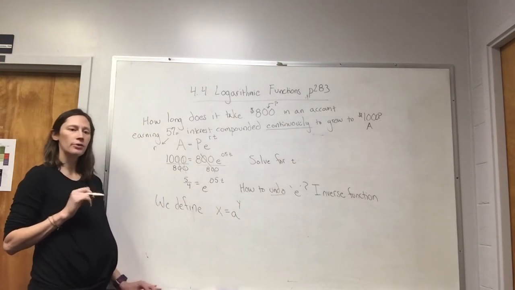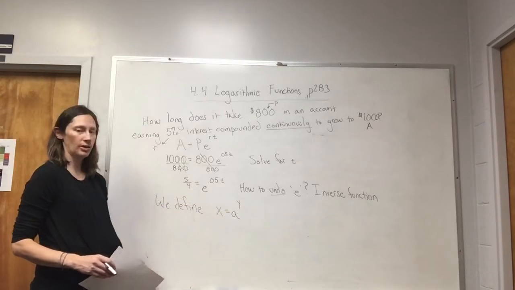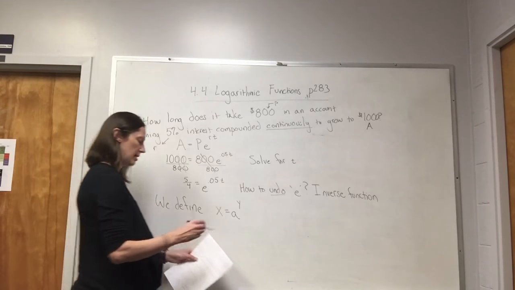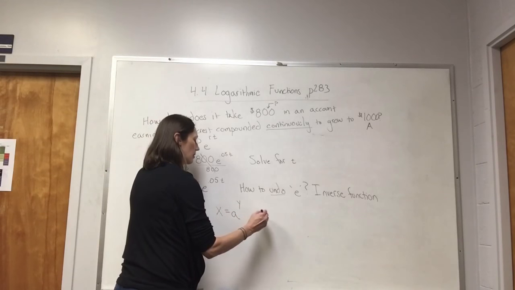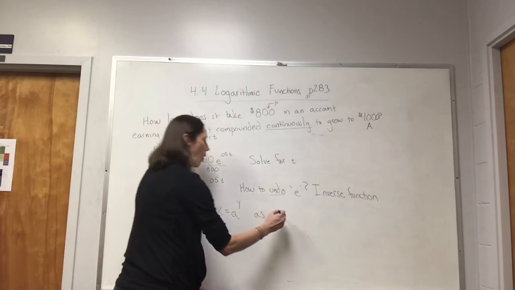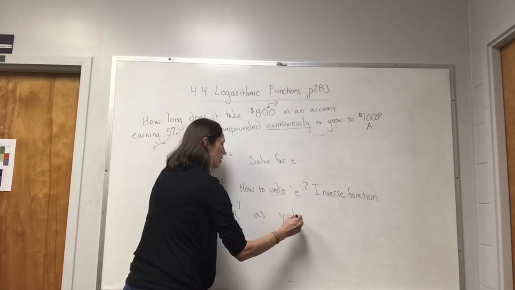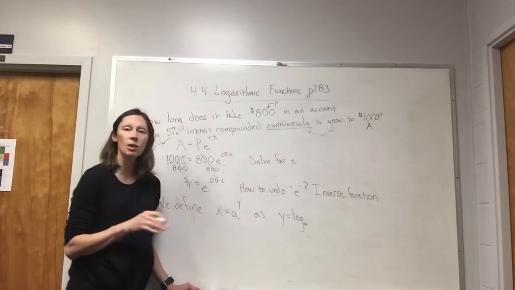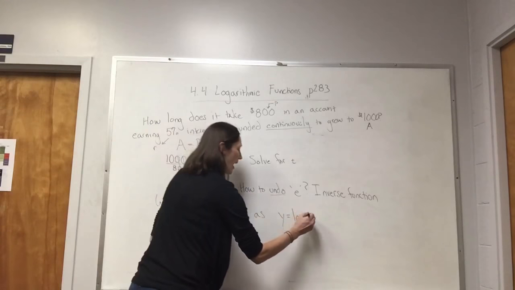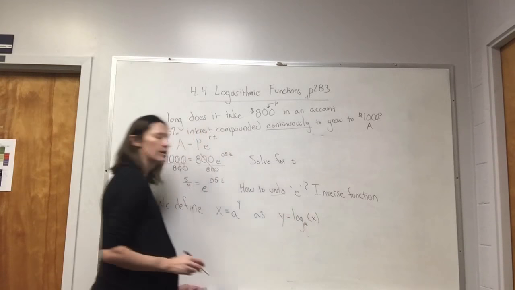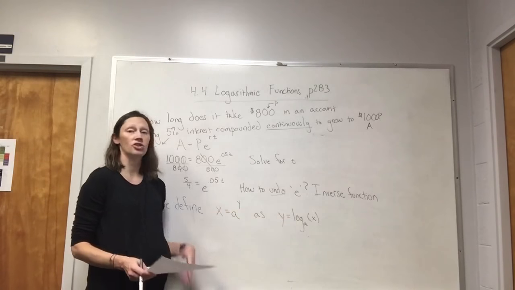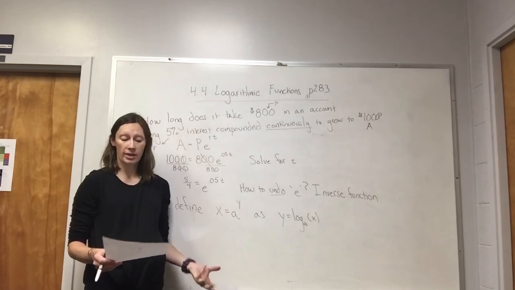Okay, so if we encounter this type of equation, x equals a to the y, we're going to define this as the following. y equals the log with a base a, so that is log subscript a of x. Okay, so this idea of a log is this brand new function that's actually going to undo the exponents.